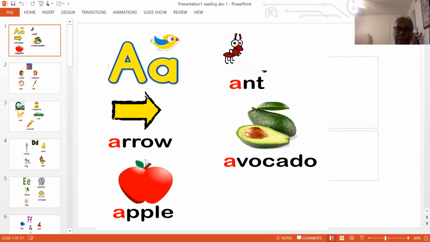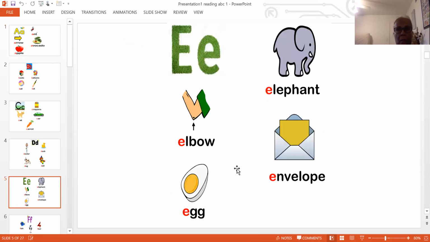So here A says A, and E says E, I says I, O says O, and U also says U. So, and that's the short sounds. So you have to tell the children when you reach the U and O that they make the same sounds.